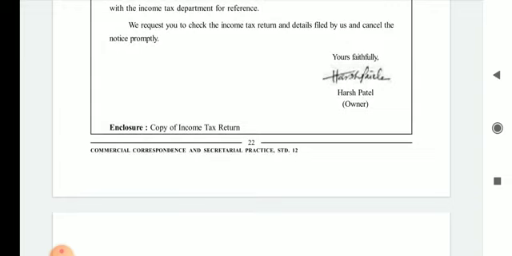Instead of writing a name, you have to write any particular word like ABCD. Then the enclosure is the copy of the income tax return which this person has to attach for the reference of the particular department. So the department can observe it, can go through it, and they can cancel the notice for the same.